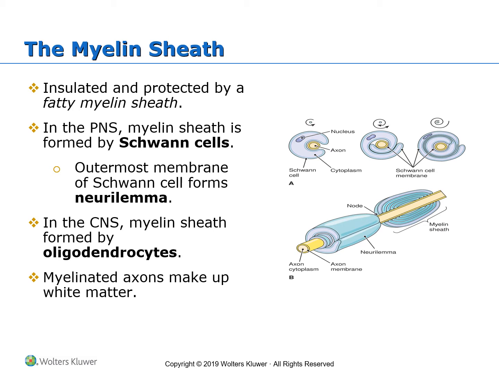The cytoplasm and the nucleus remain with the oligodendrocytes, so the central nervous system neurons do not actually have a neurolemma. Neurolemma being, just like if you remember from chapter 8, the sarcolemma. Lemma is the suffix for cellular membrane.